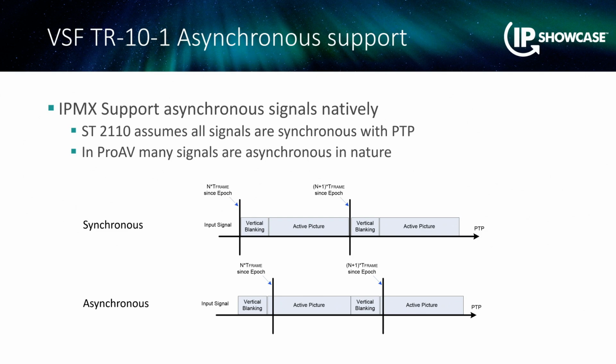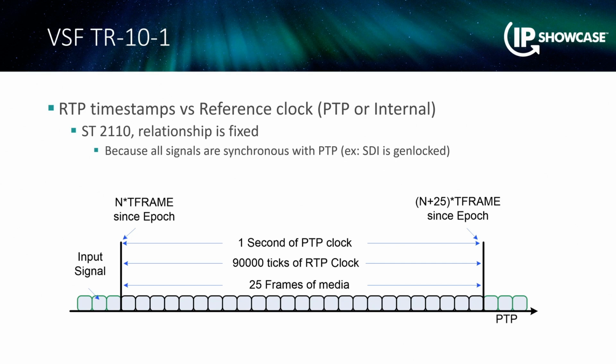And so if we look at the RTP timestamp in 2110, because everything is synchronized and gen-locked, there's a direct relationship between the RTP timestamp and the PTP time. It's like at the beginning of the world, when PTP time was 0, the first frame of every standard frame format started at 0.